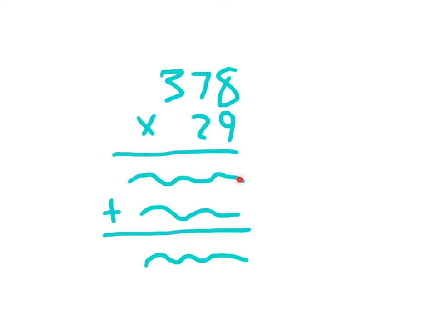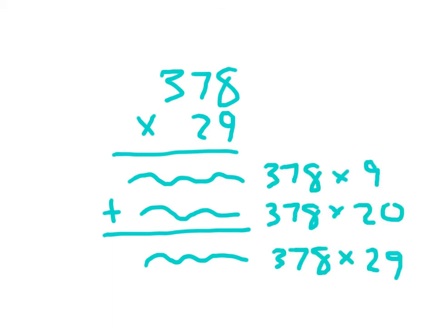I just said that. Point at the line that would be 378 times 29. That's our answer. And then so that other line is what? What is that other line? 378 times 20. For those that need to see it, I'll go ahead and write those in. And I've written those in there.